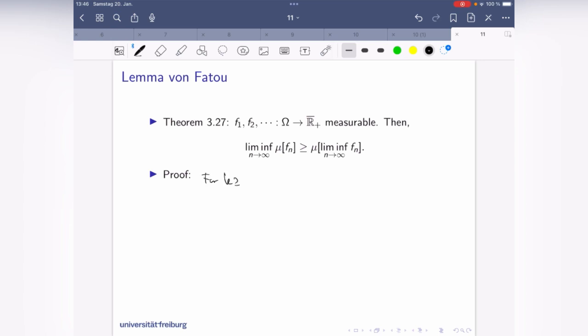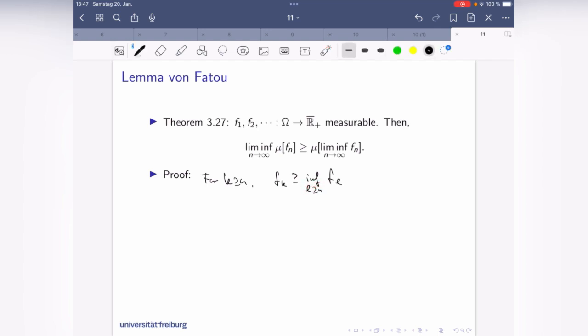For k bigger than n, we have the following: fk is bigger or equal than the infimum over l bigger or equal than n of fl. Why is that? So k is bigger or equal to n, so this fk is also in this set here. So it's also part of this here, and it can only become smaller if you take the infimum here.